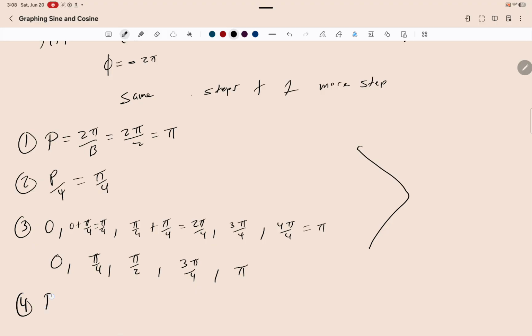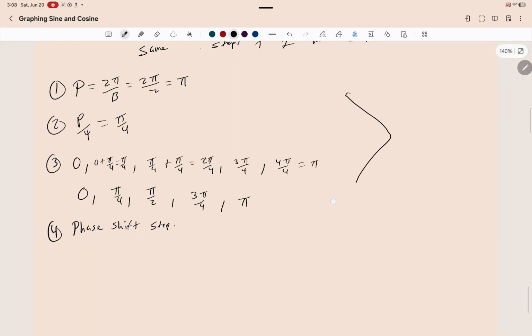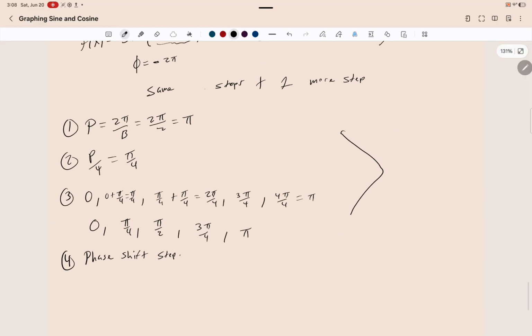Now this is going to be the phase shift step, step 4. All we do now is take the numbers in step 3 and add the phase shift to each of them to get our new points on the x-axis, or our new tick marks on the x-axis.